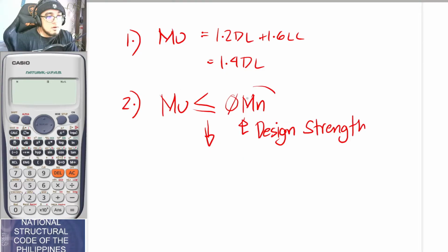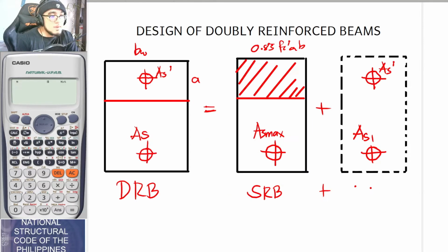So if we would be cross multiplying this, Mn is now to be equal to Mu divided by phi. And the value here, Mn, is to be the one carried by the whole doubly reinforced beam. So with that, guys, this is now to be your Mn, or the total nominal moment.